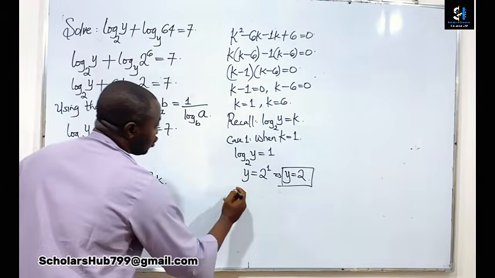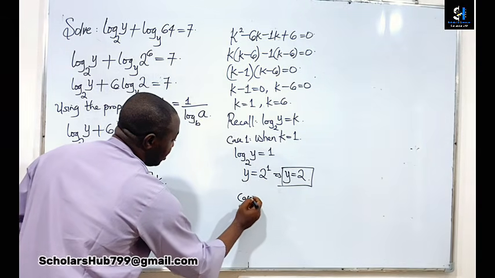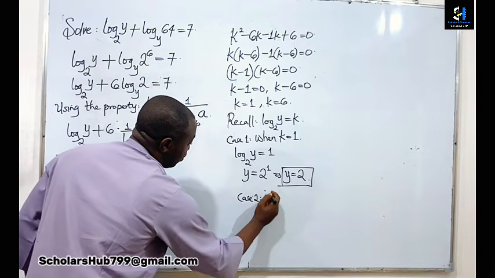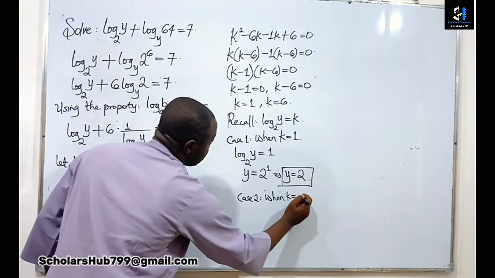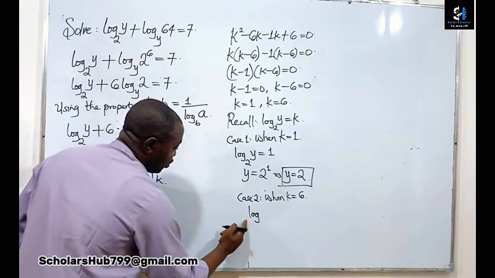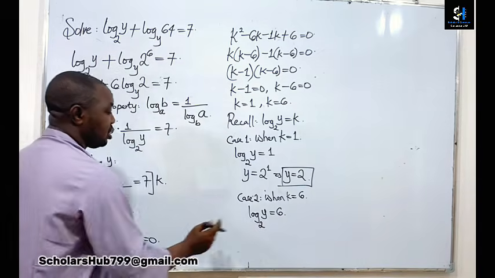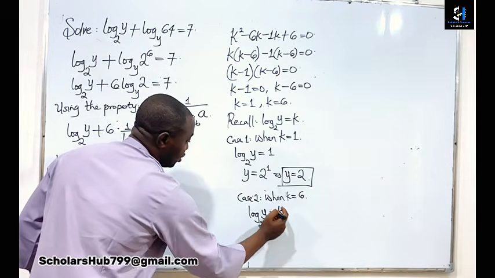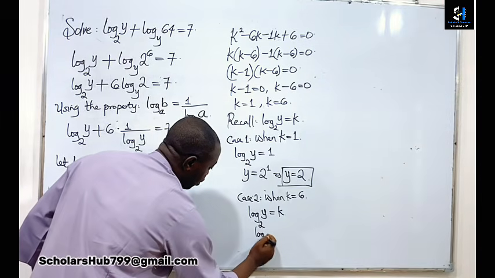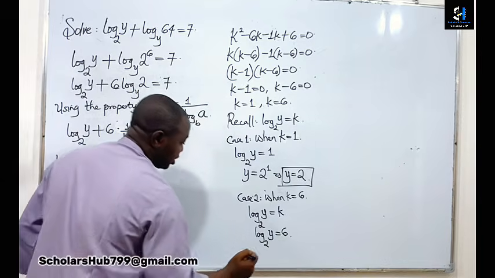Then also case 2, that is when k is equal to 6. Because we know that log to base 2 of y equals k, and now we have the value of k to be 6, it means that log to base 2 of y will be equal to 6.